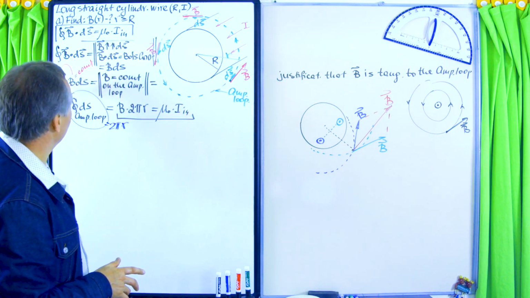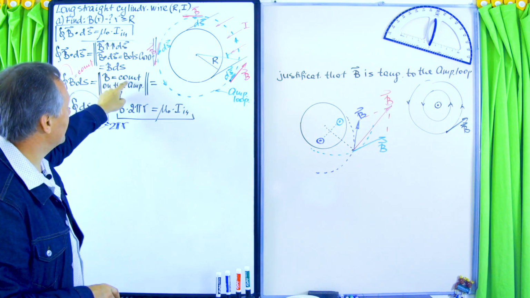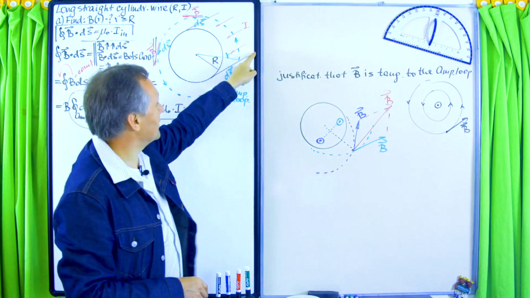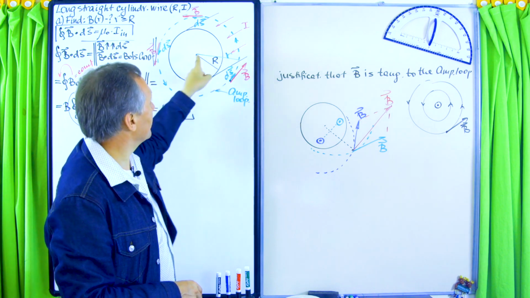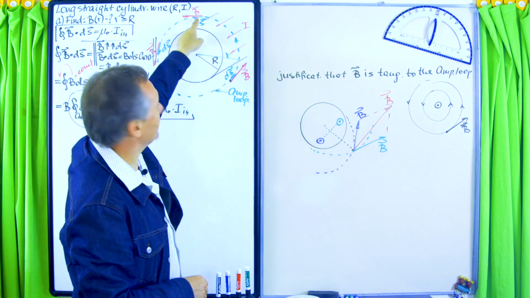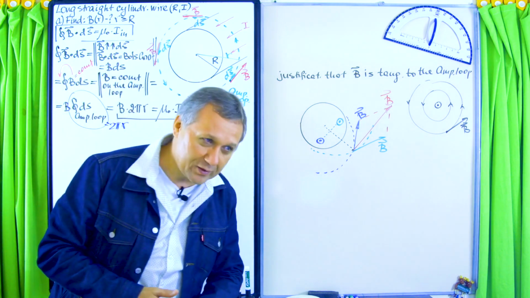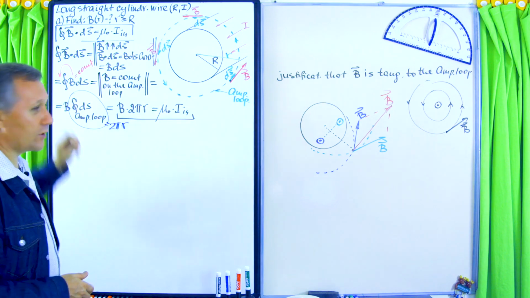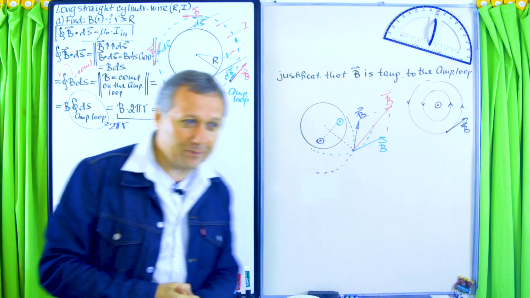So I wouldn't be able to write something like this. And then the second step, I would never be able to say that B is constant on the Amperian loop, because over here, let's say the ellipse goes up here, right? Of course, this point is farther from the wire than, for example, this point, which is closer to the wire. Of course, the magnetic field strength is not going to be the same. So this step where we extracted the magnetic field would also be impossible, illegal, right?